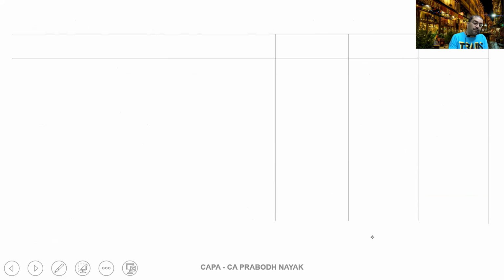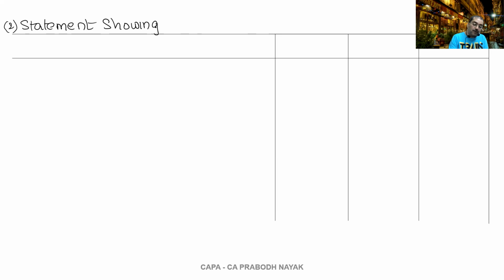Statement showing total cost and per unit cost, in brackets you write traditional costing.